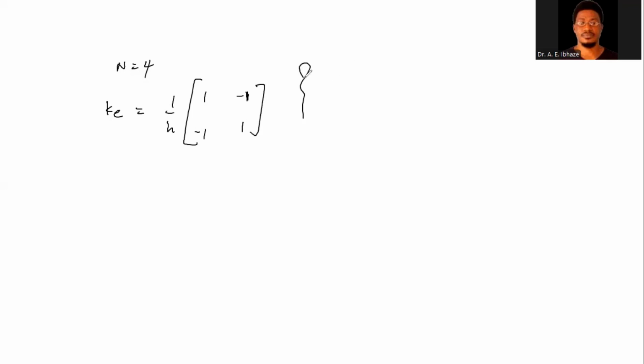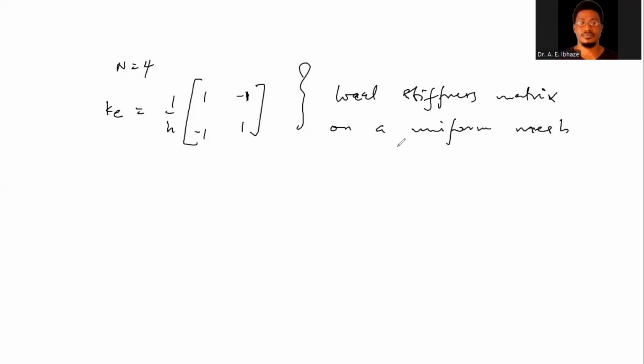So this is the local stiffness matrix on a uniform mesh for n being the same as 4.